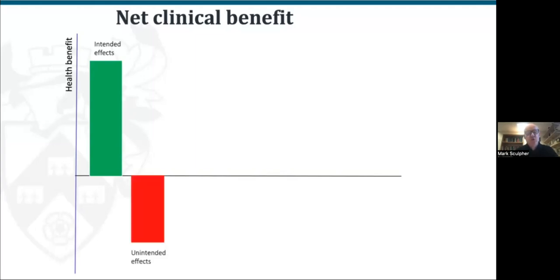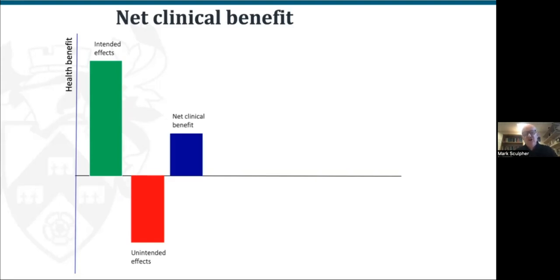But a clinician is also aware that drugs and other types of treatments as well can have unintended effects, side effects. So the intended effects improve the health of the average patient, but we have to recognize that unintended side effects actually reduce the health of the patient.